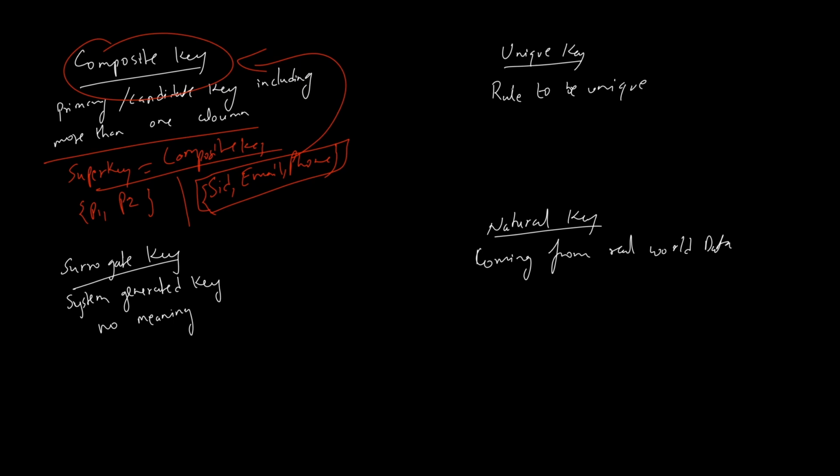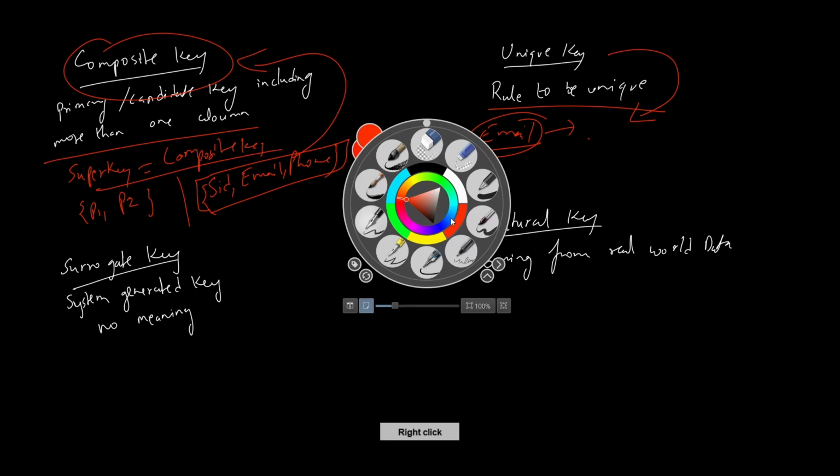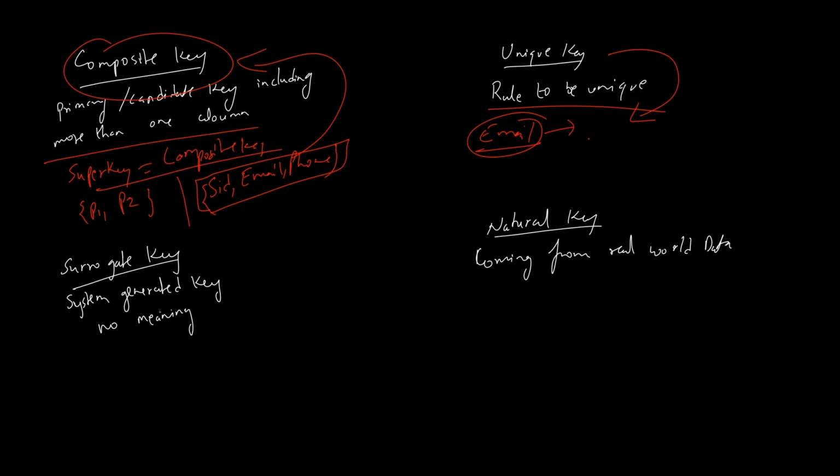Unique key is just a rule for your uniqueness. Let's say for email, we just added a rule over there that this should be unique. Then the unique key will just verify and keep it in such a way that each value of this email field is always unique. It should not be duplicated with everyone else.